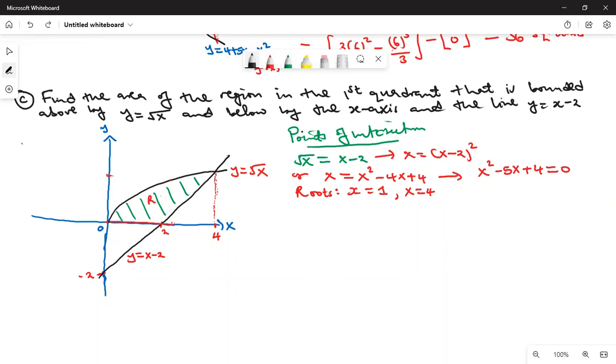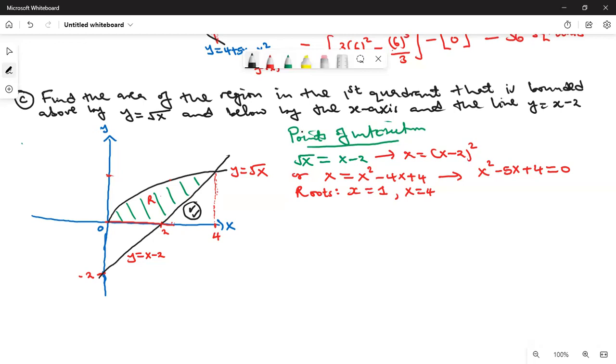When you integrate the curve only, you get the area between the curve and the x-axis from 0 to 4, which will include even this area that I have ticked. So I have to get rid of this area. To get that area, you integrate the line from 2 to 4, so that you get the area that I have ticked. And so when you subtract the two areas, you will be able to get the required area.